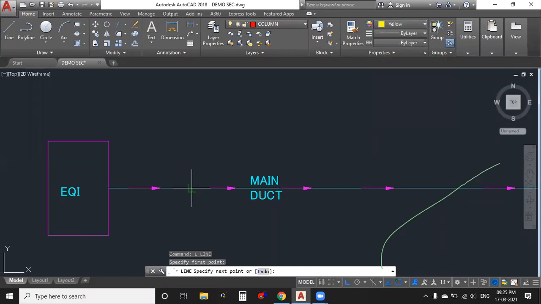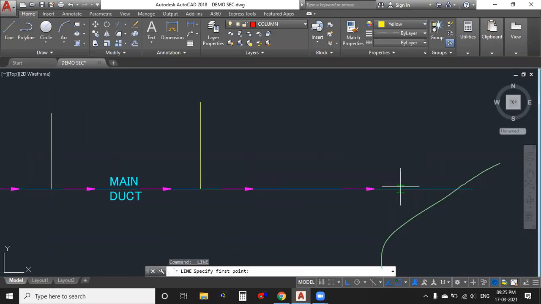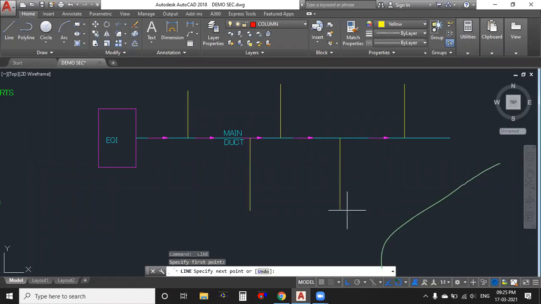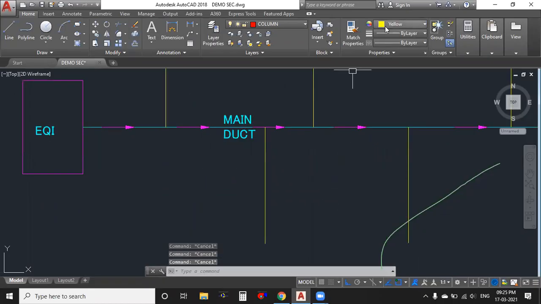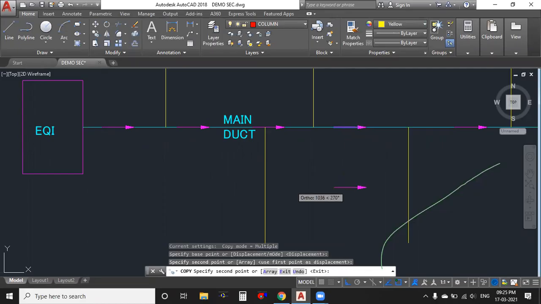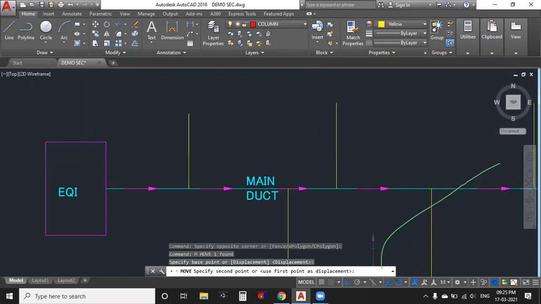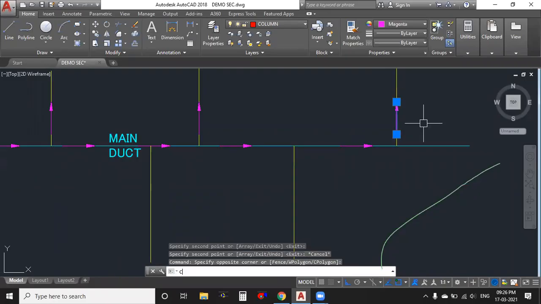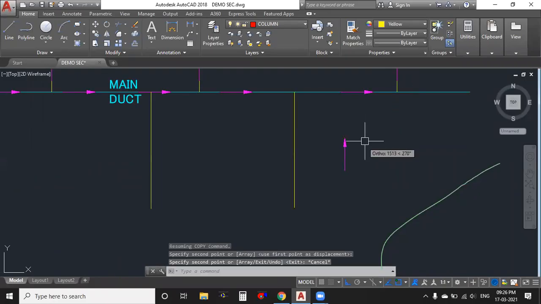I'm using different colors, guys, for your understanding. I am just indicating my airflow direction.